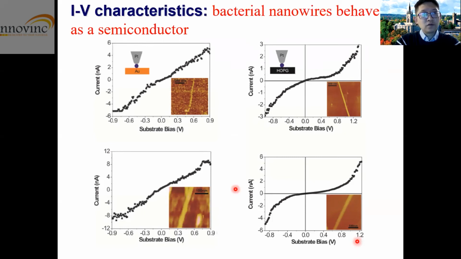On the gold substrate, where the probe is coated with platinum, Pt, we found this linear IV curve. This indicates the bacterial nanowire behaves as a semiconductor.